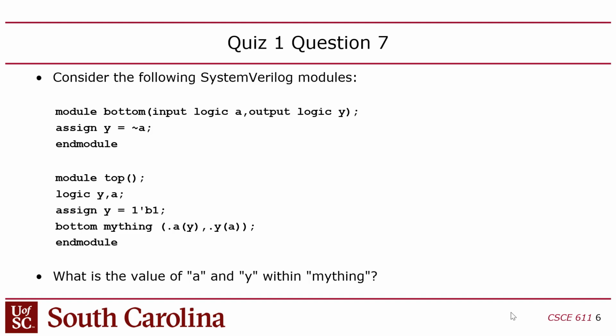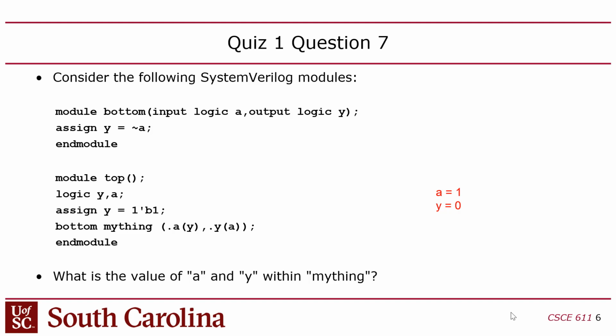So Y should be 0, right? Yeah, Y should be 0 inside of my thing. But Y is actually 1 inside of top, right? So there are 2 different Ys. There's a Y inside of top, and there's a Y inside of this my thing, which is a bottom module.